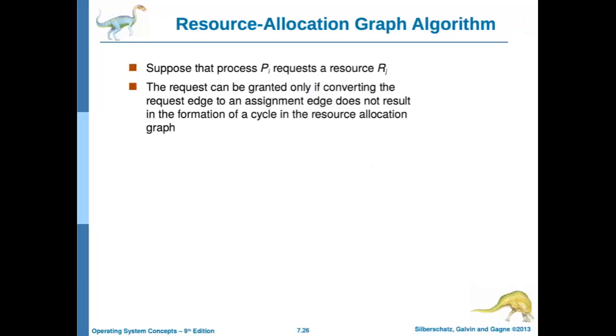So that presentation, now we do the algorithm. So algorithm is very simple. Suppose that process Pi requests a resource Rj. Request can be granted only if converting the request edge to an assignment edge does not result in the formation of cycle in resource allocation graph.